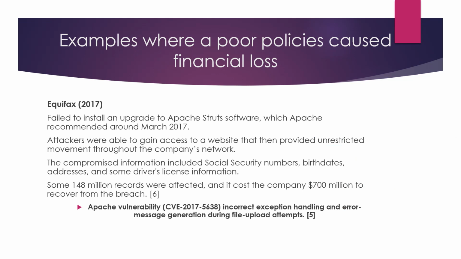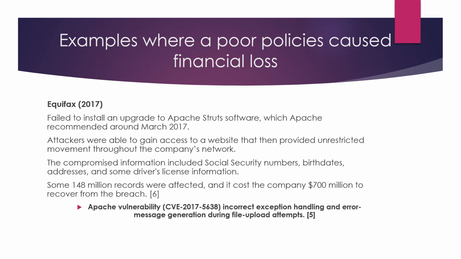The following are examples of where poor policies caused financial loss to a business. The first is the Equifax data breach in 2017. Equifax failed to install an upgrade to the Apache Struts software, which Apache recommended around March 2017. The Apache vulnerability was incorrect exception handling and error message generation during file upload attempts.